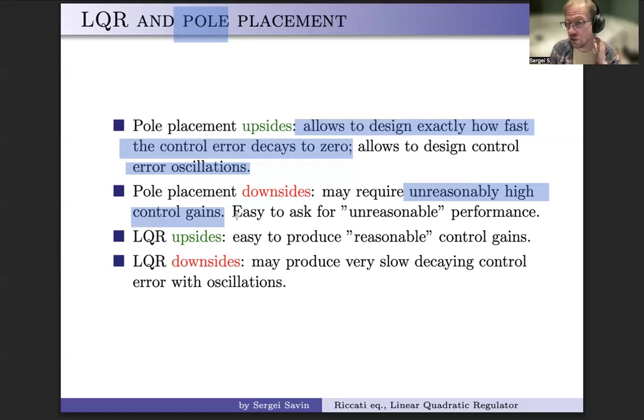For big systems, knowing what to ask for becomes just a huge problem. Imagine you have a system with 30 states. How would you go about trying to imagine what is a good eigenvalue to ask for? It's very difficult. It works well for motors and other small systems. Doesn't work for a gigantic system.